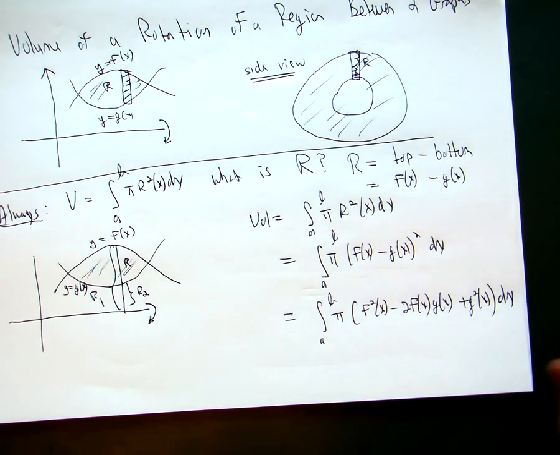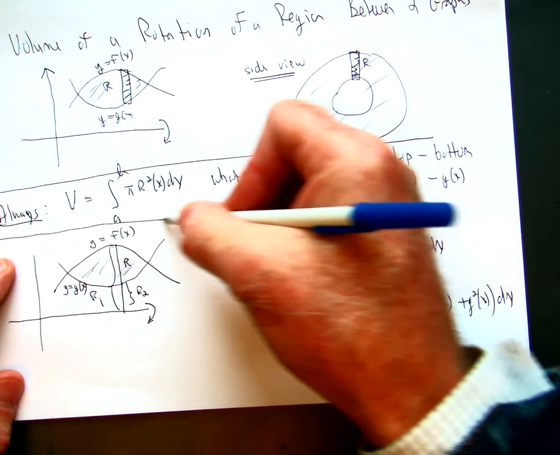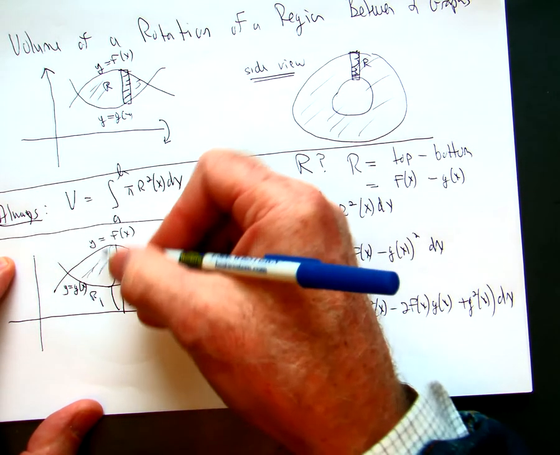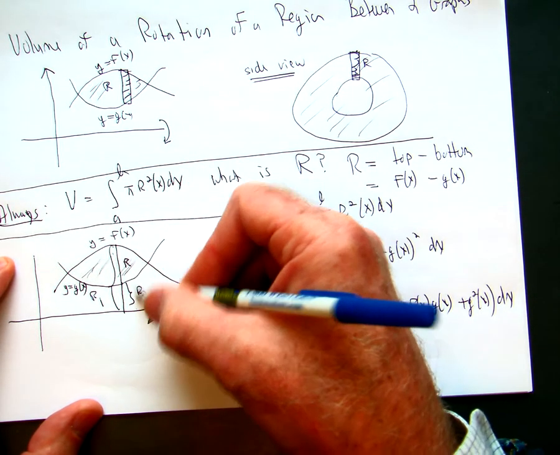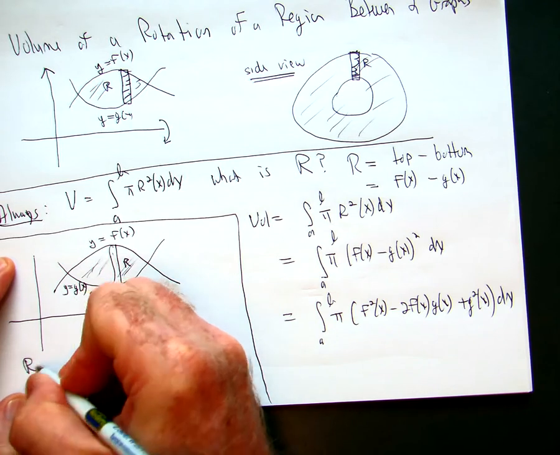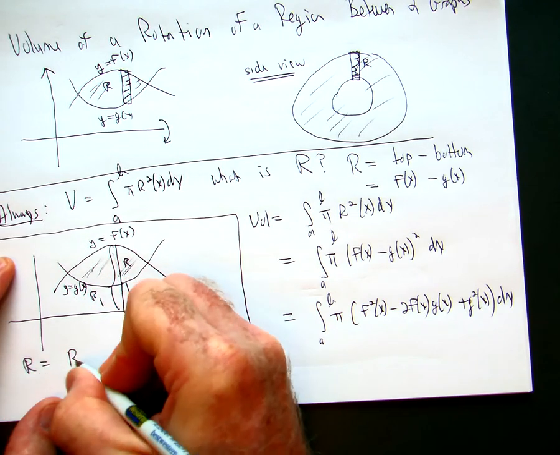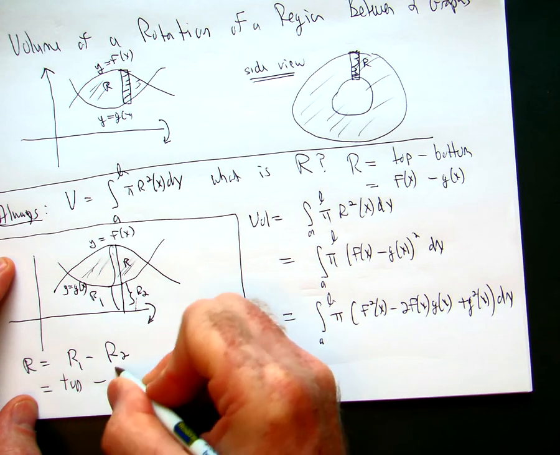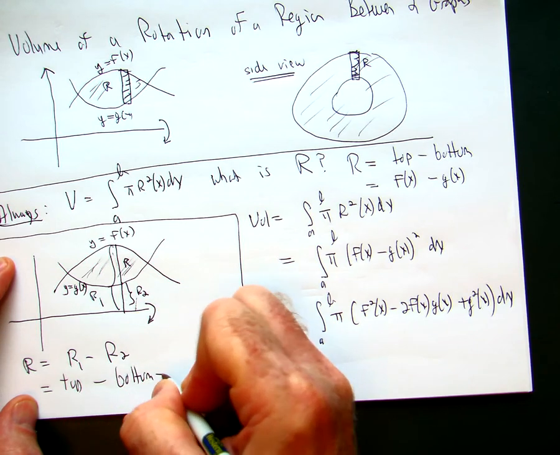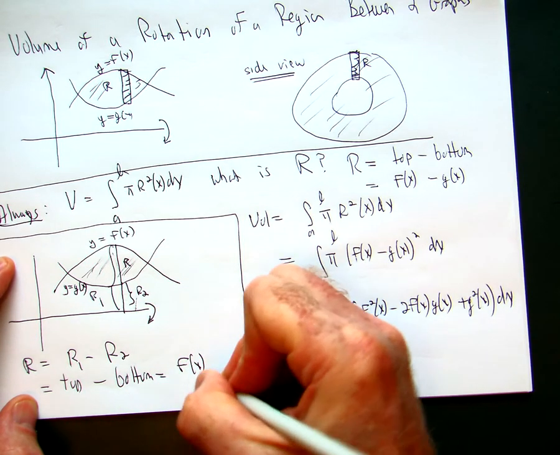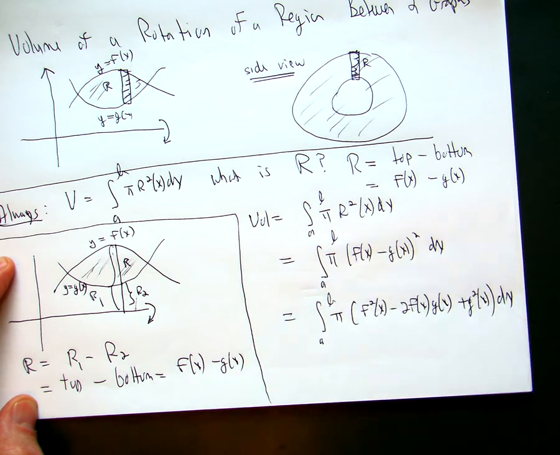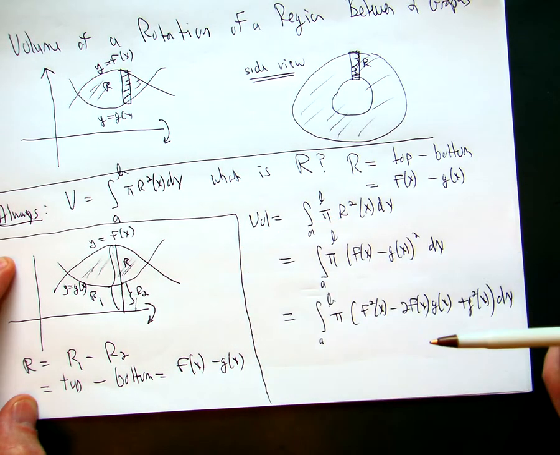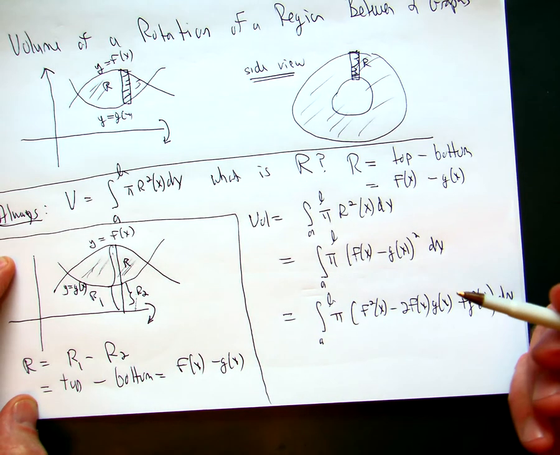So another way to look at that, this is the same idea, is to think that the top is a radius r1, the bottom is a radius r2, so the radius is equal to r1 minus r2. That's the top function minus the bottom, f of x minus g of x. So you can think of it in two different ways. Top minus bottom, r1 minus r2. That'll give you the radius. I hope that makes sense.